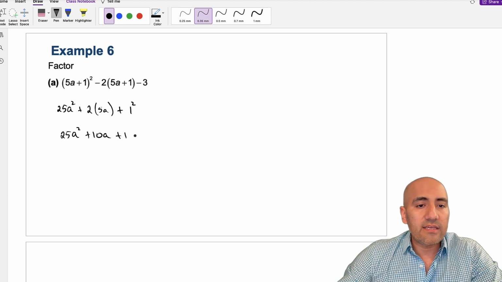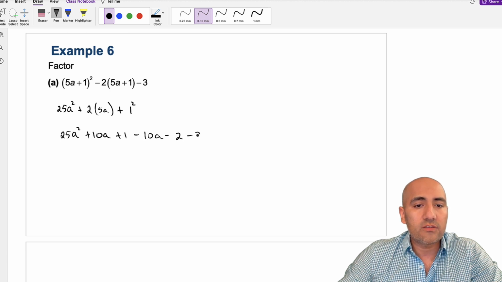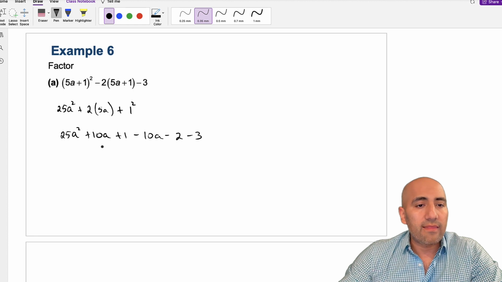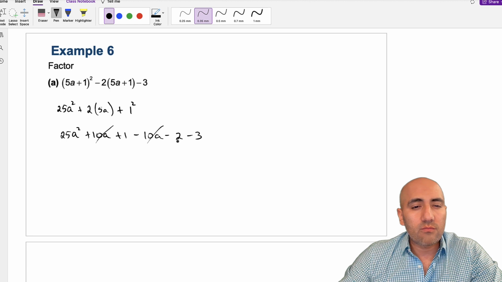Then distributing this, we get a minus 5a. That makes it a minus 10a minus 2 minus 3. Okay, and then combining some like terms, we get that this cancels with this, and we have a plus 1 minus 2 minus 3. That gives you minus 5 plus 1 is minus 4.